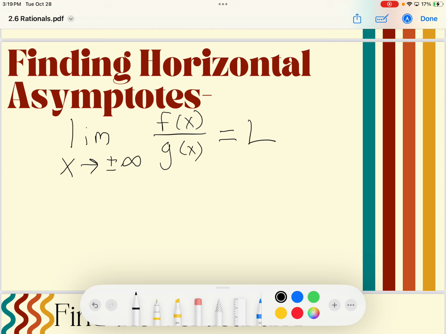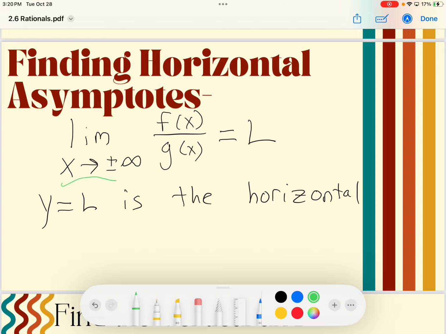And that value, y equals L, is the horizontal asymptote. So under limit notation, you can just put that first line, because that's what it means to have a horizontal asymptote.